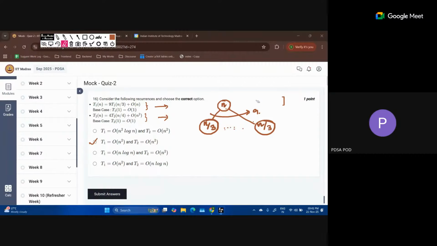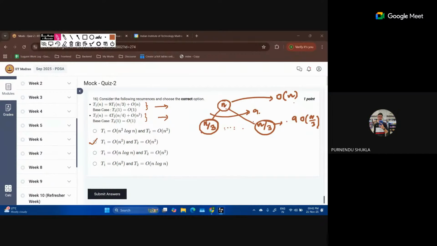What is the time taken at this point? For this particular division, it takes order of n. So for each of these, the time required will be O of n by 3 into 9, so 9 times O of n by 3.